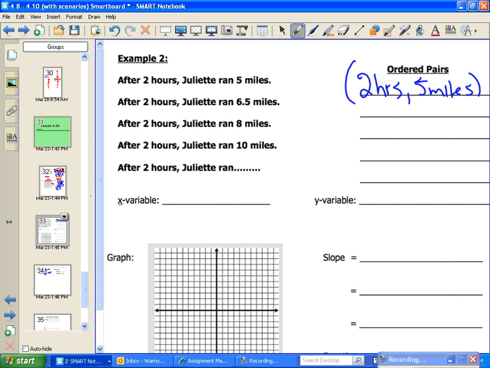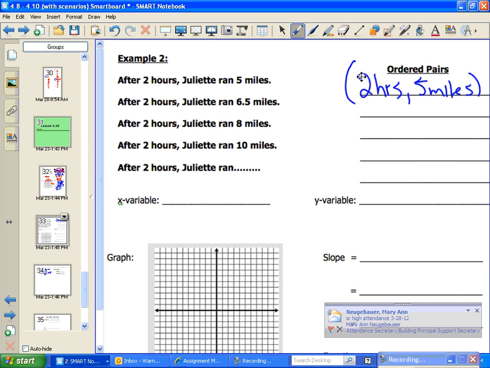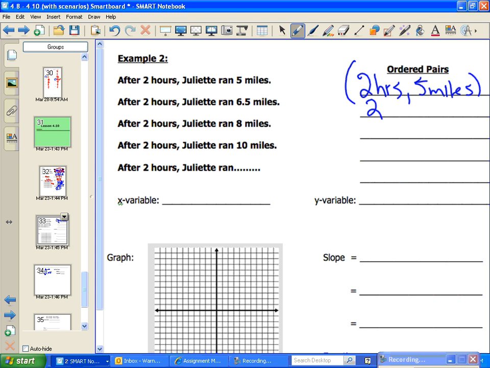After those same 2 hours, all of a sudden now I've run 6.5 miles. Correct, it doesn't make sense. If it doesn't make sense, that's correct. It shouldn't make sense. Let's just go with it for a second. 2 hours, 6.5 miles. Go ahead and complete the ordered pairs.